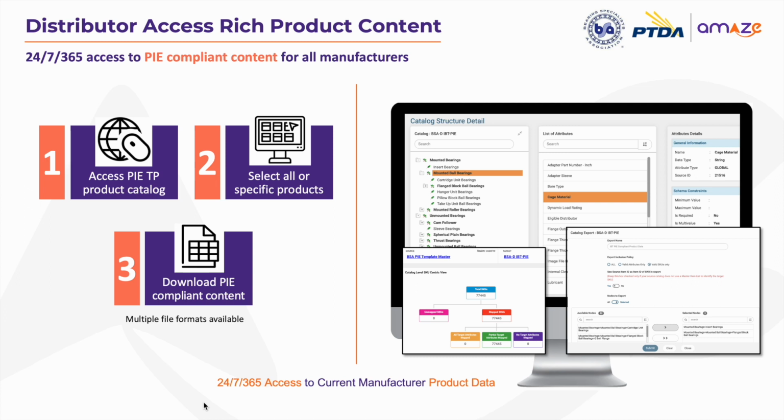And in number 2, they're able to select all or specific products. This collection of products has been limited to the ones that they have rights that the manufacturer has defined. And then in number 3, you're going to see they're going to be able to download that Pi compliant content in different file formats right from the solution itself.